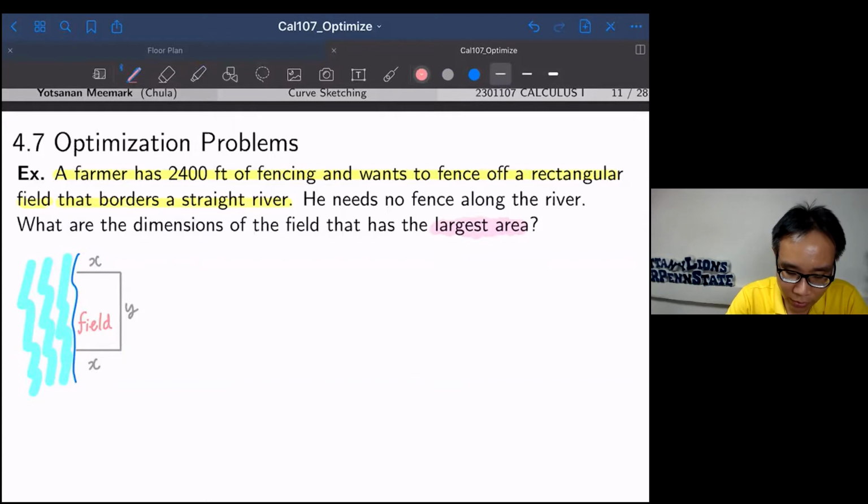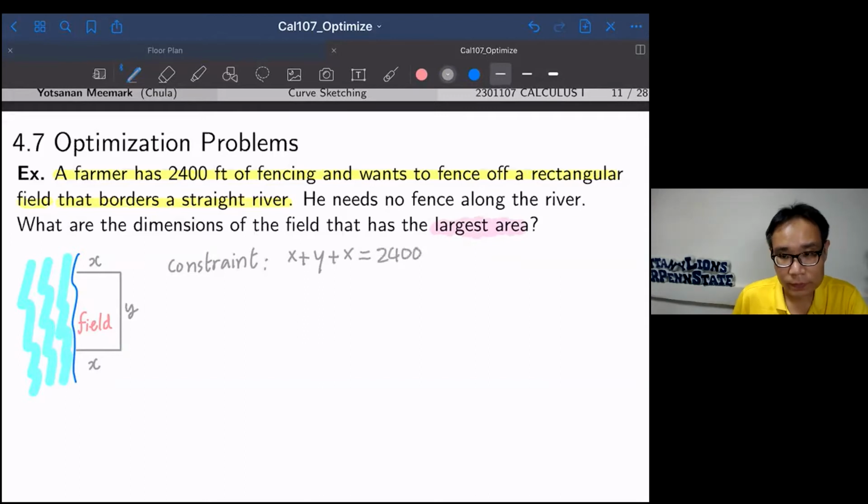So in this case, your constraint will be that you must have x plus y plus x, that is 2x plus y, equal to 2,400. Okay, so you need maximum area.